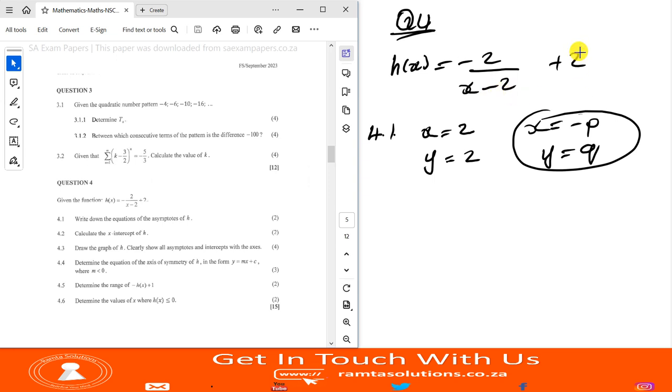It is also shifting 2 units up. This is why our asymptotes are like this. This is your vertical asymptote and this is your horizontal asymptote. Perfect, so we have 2 marks.